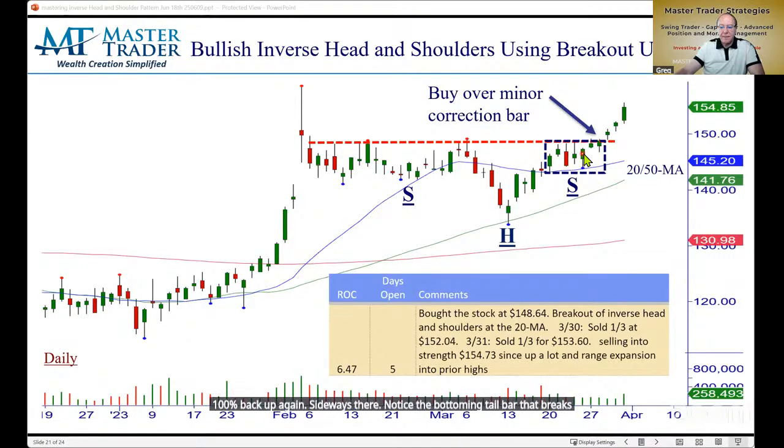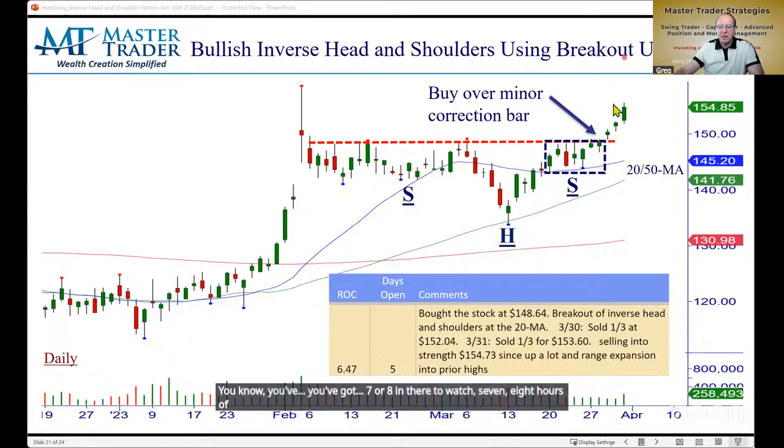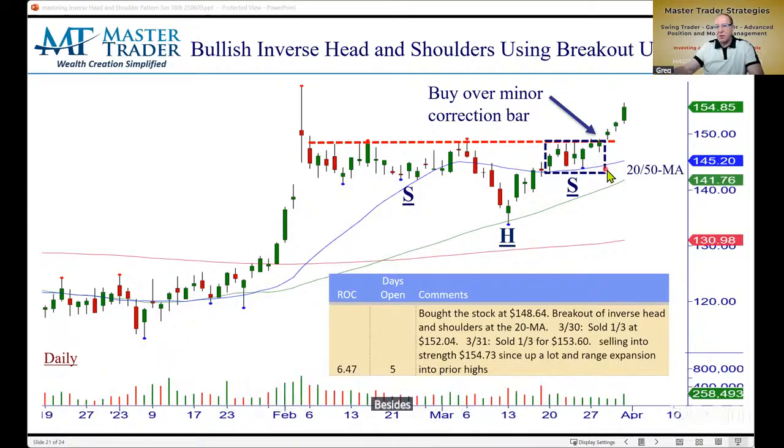We had an MT Live on correction bars, which by the way, with MT Weekly Advantage, you've got a little library of past MT Lives that you can view. So it's not just getting the current one. You've got 7 or 8 hours of education besides the weekly trade reviews and lessons. But again, pattern there, looking for it to go higher.